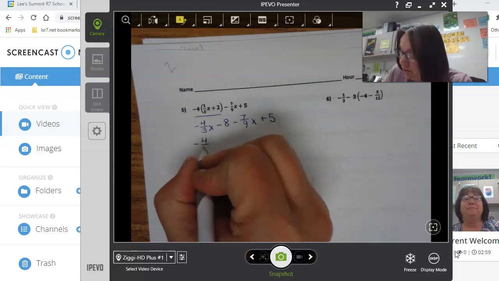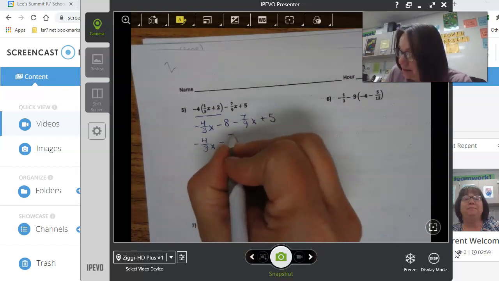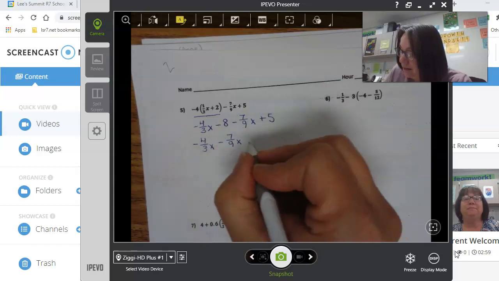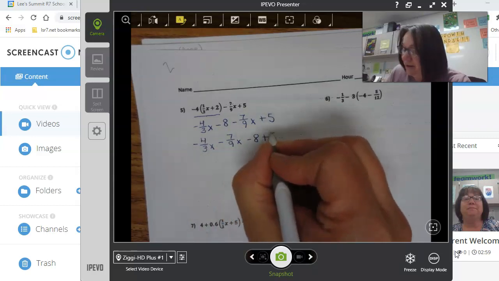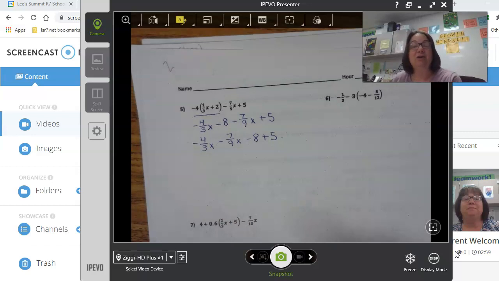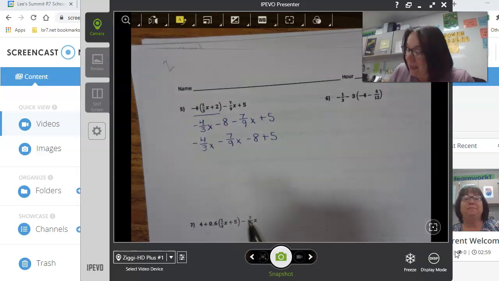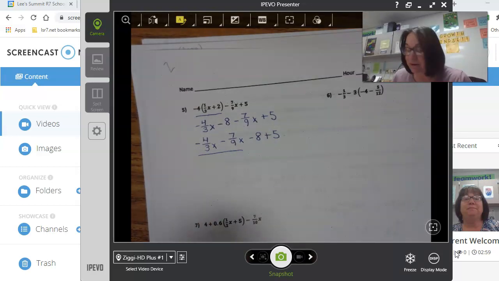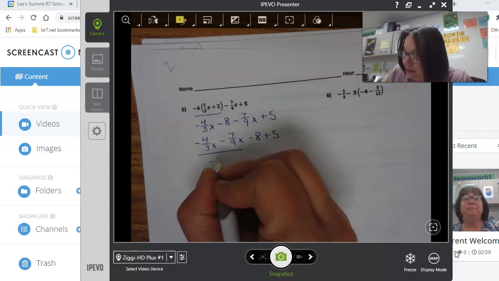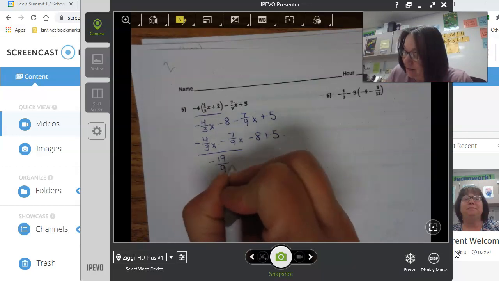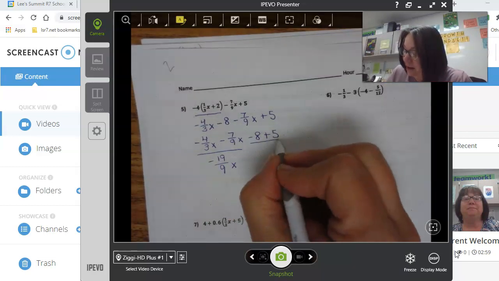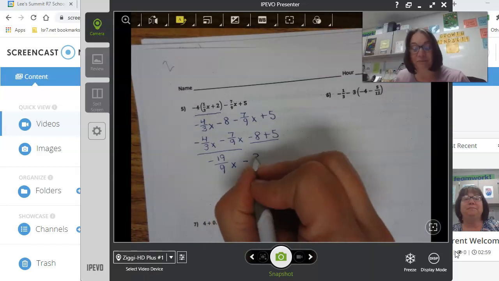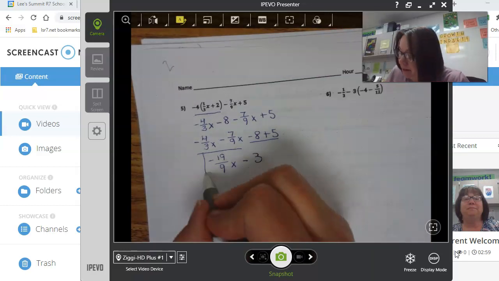I get negative 4/3 x minus 7/9 x minus 8 plus 5, again keeping in mind that the sign goes with the number behind it. And then I can go ahead and combine these like terms, my x's. Negative 4/3 take away 7/9 would be a negative 19/9 x, and negative 8 plus 5 is a negative 3. So this is my simplified expression.